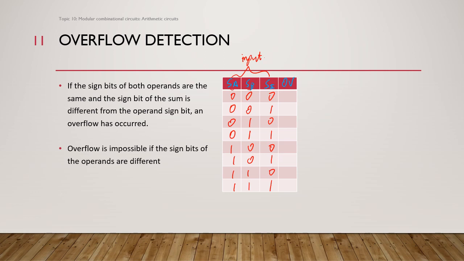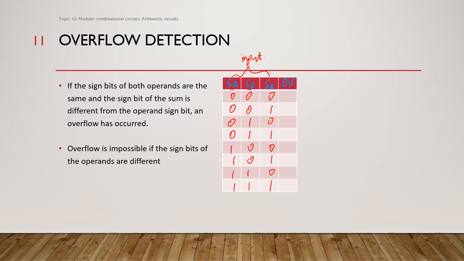Okay. Now when there is an overflow, the sign bit of the result is flipped when compared to the input data, right?